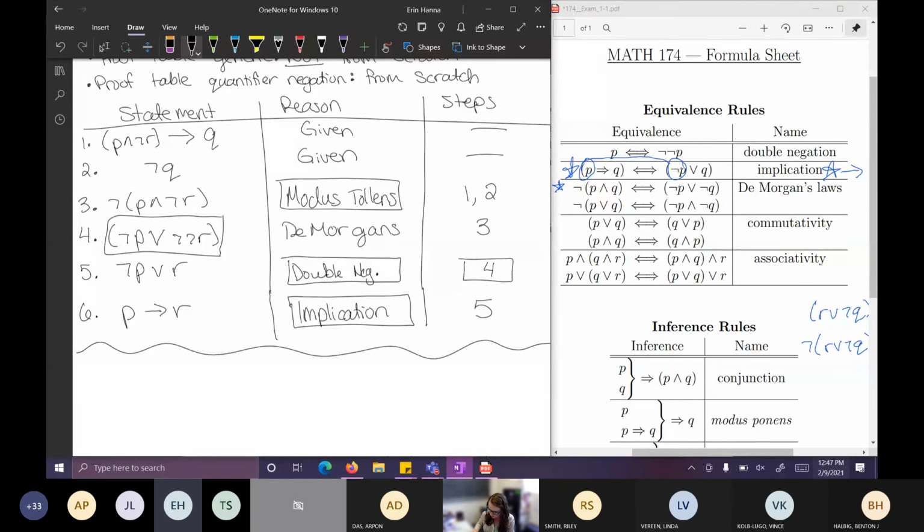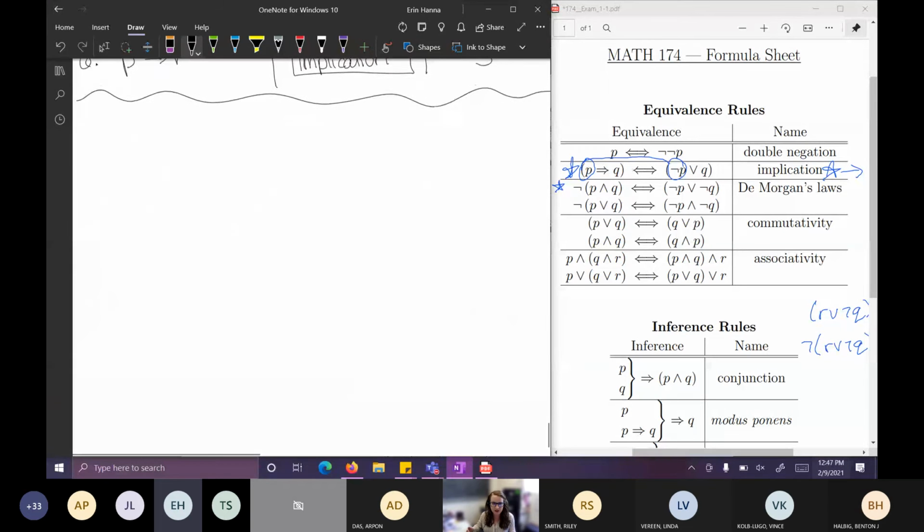So let's do a negation of a quantifier, because that is actually similar to the one we just did, but we have to do them a bit more from scratch. Let's say we're starting with there exists, let's do not P of X implies Q of X or R of X. Sure.